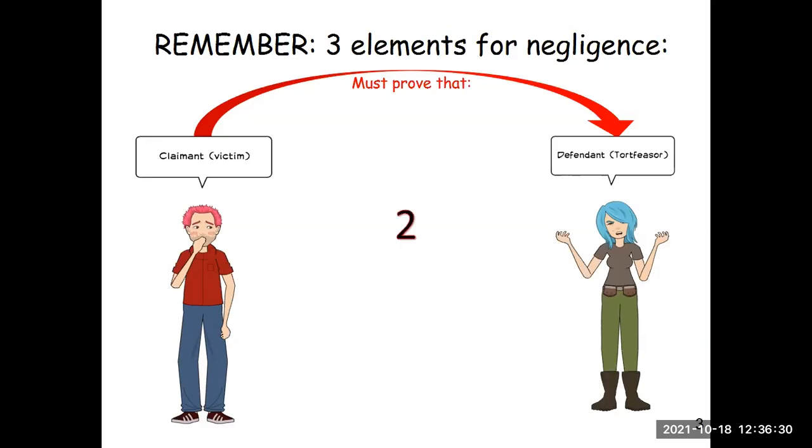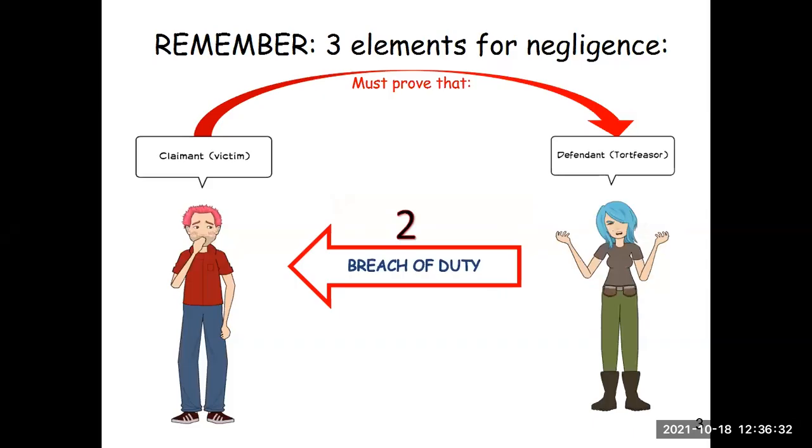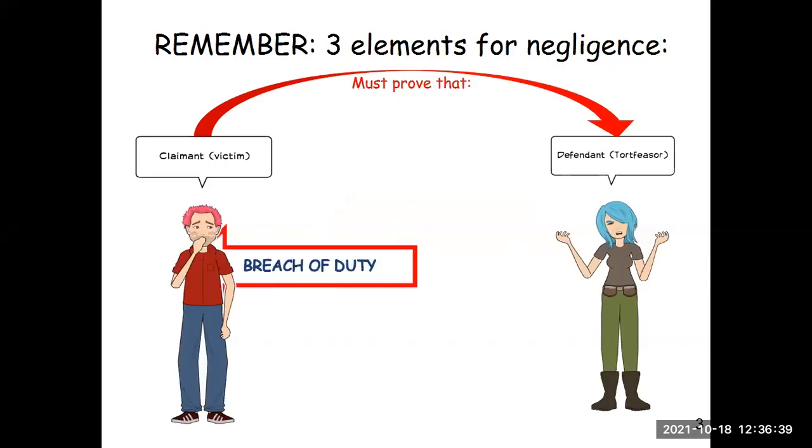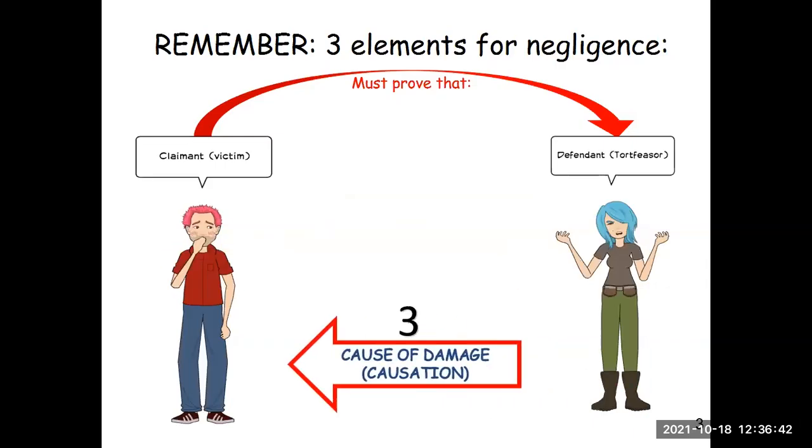Once you've convinced the court that there was a duty of care owed to you as the claimant, the second element is that the claimant has to show that the defendant breached the duty of care towards him. And finally, that breach of duty caused the damage suffered by the claimant. We call this causation. This third element implies that you also have to have suffered damages. So this is not a tort that is actionable per se.